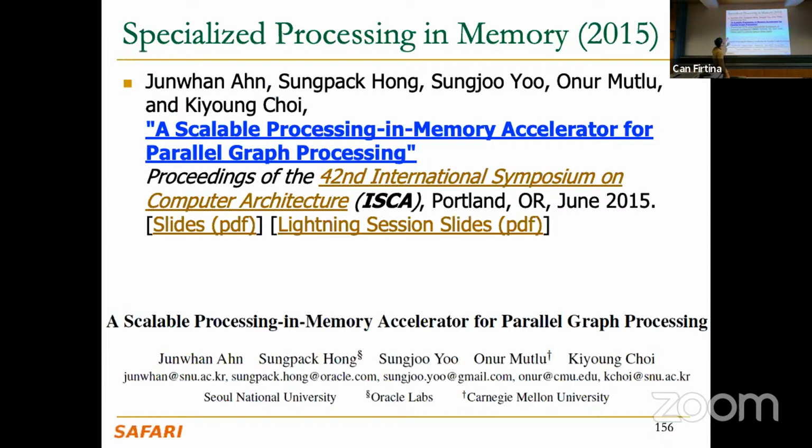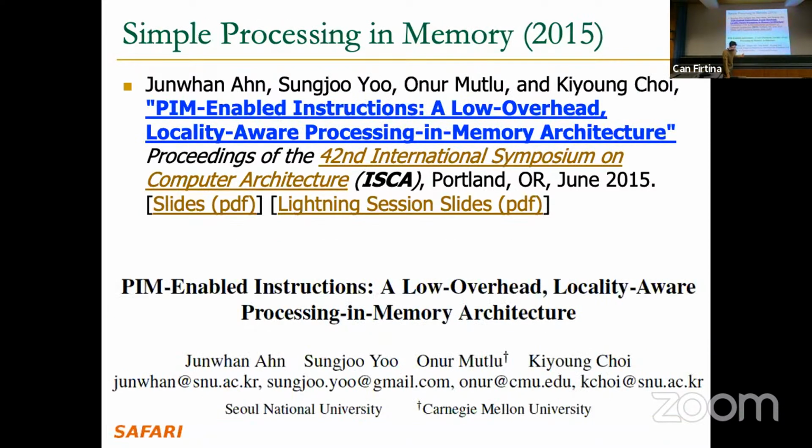Okay, this is a scalable processing-in-memory accelerator for parallel graph processing. I talked about this one earlier. This is another one from the same year, same conference as well, completely different approach.